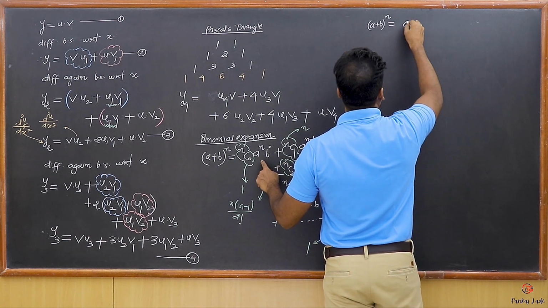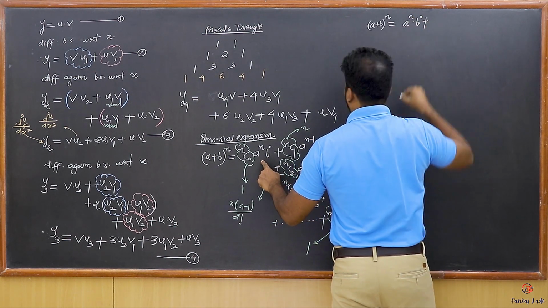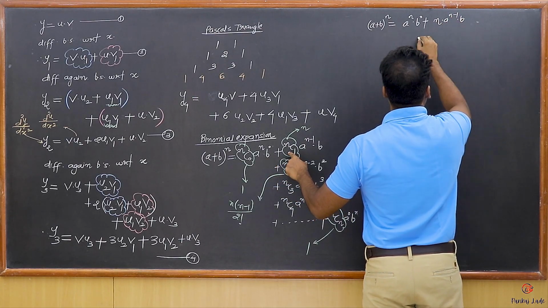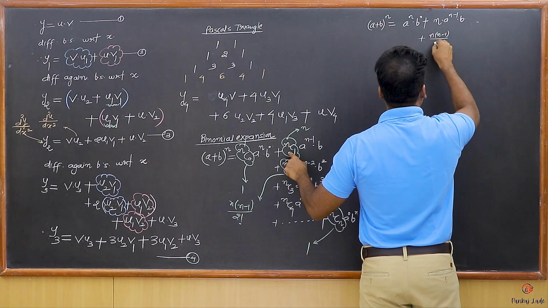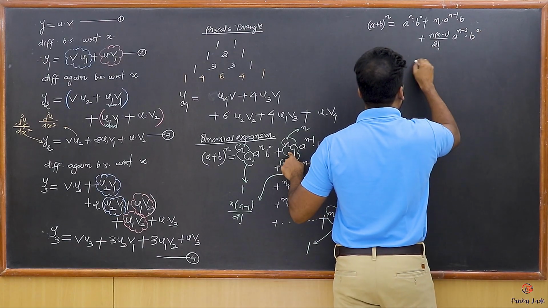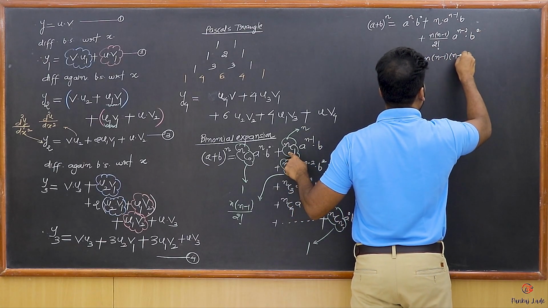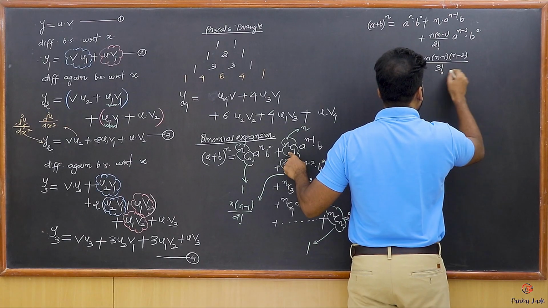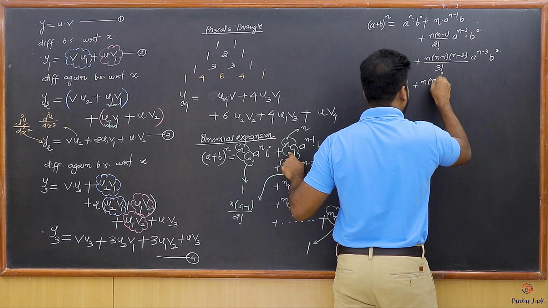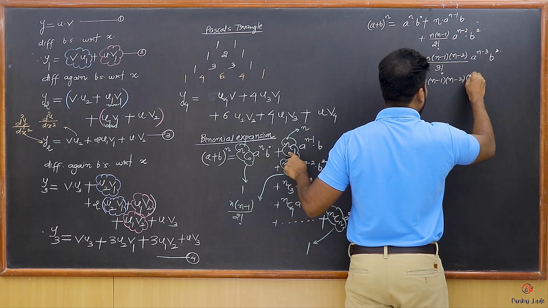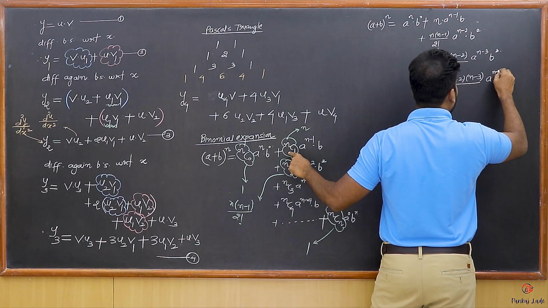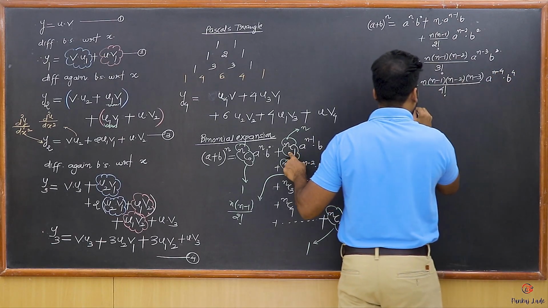So my answer is a raised to n, b raised to 0, plus nc1 is n, a raised to n minus 1 into b, plus n into n minus 1 upon 2 factorial, a raised to n minus 2 b square, plus n into n minus 1 into n minus 2 upon 3 factorial, a raised to n minus 3 into b cube, plus n into n minus 1 into n minus 2 into n minus 3 upon 4 factorial, a raised to n minus 4 b raised to 4, and so on.